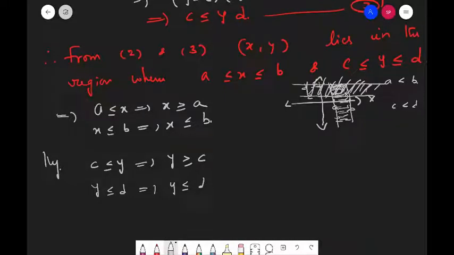so what is the common region? This is the rectangular region.